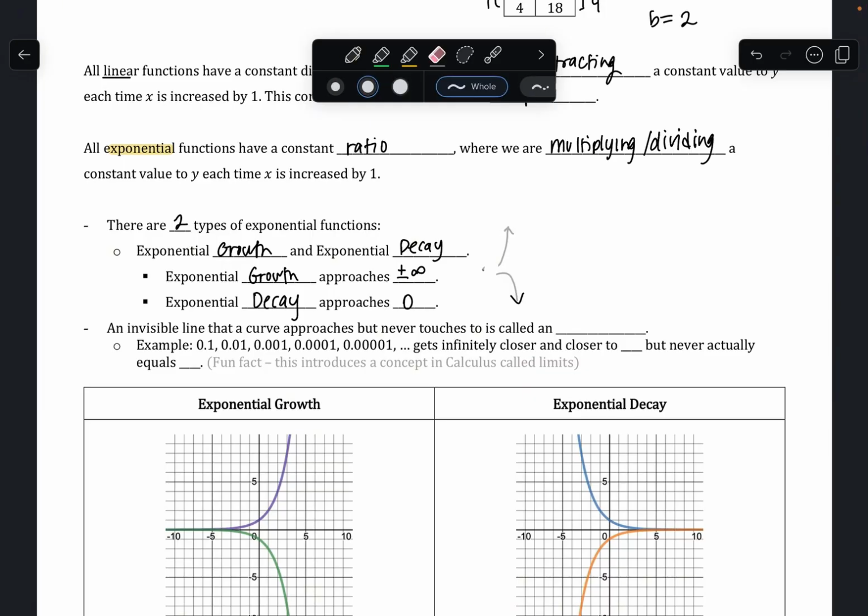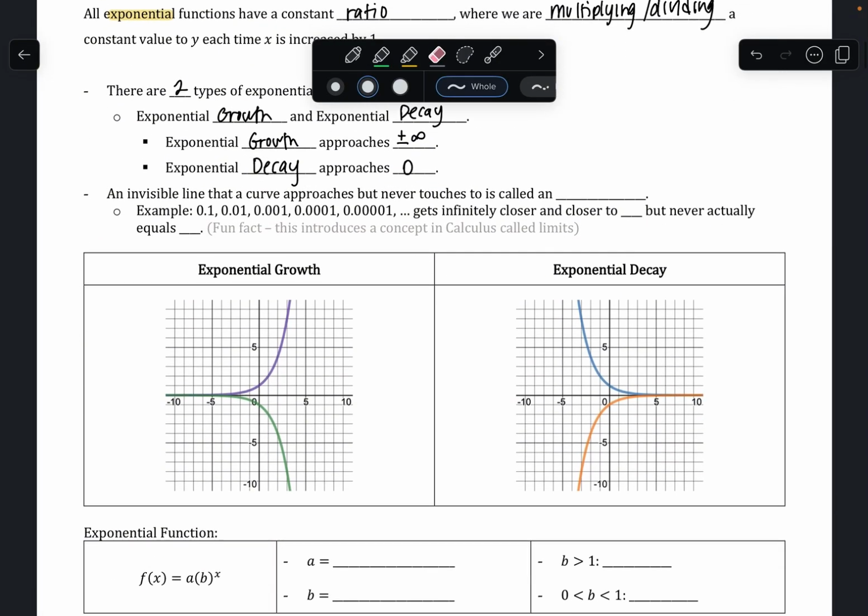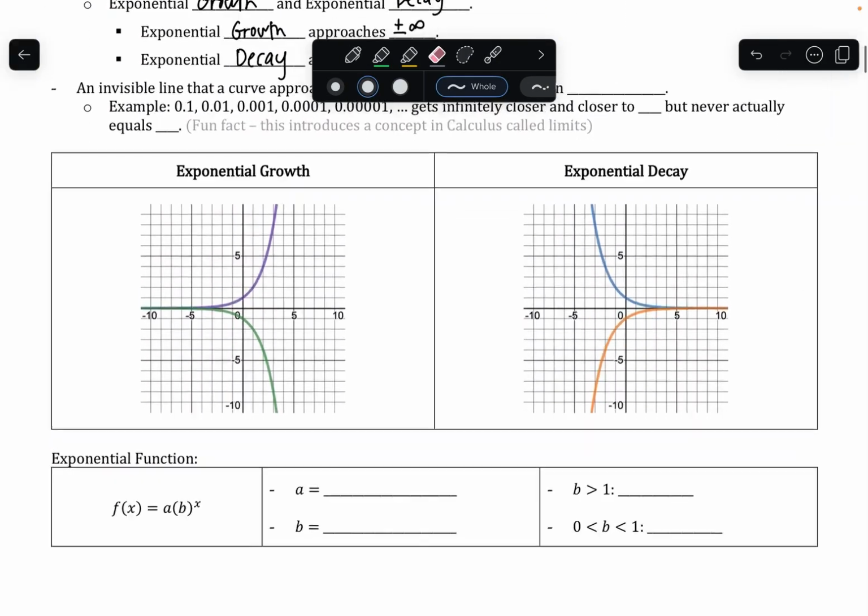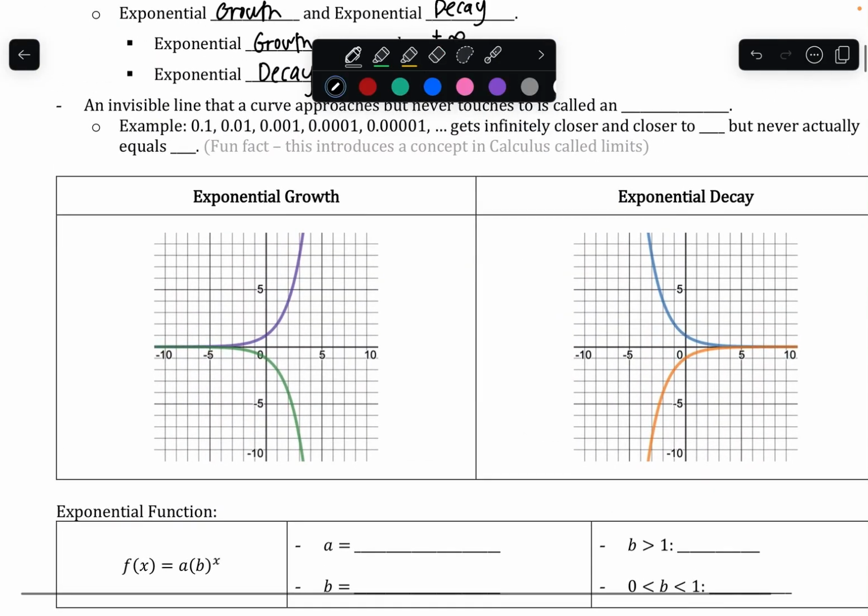And so we're going to look at some pictures to kind of really solidify this, okay? And so in these examples, growth, you can see as we go to the right, our function is increasing, going to positive infinity.